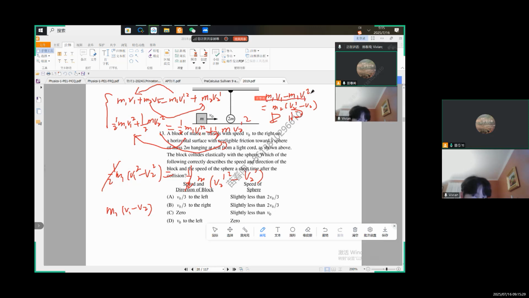So this is v1 minus v1 prime, and this one is m2 times v2 prime minus v2 times v2 prime plus v2. And because of this being here, I can simplify this one and this one. Does that make sense?